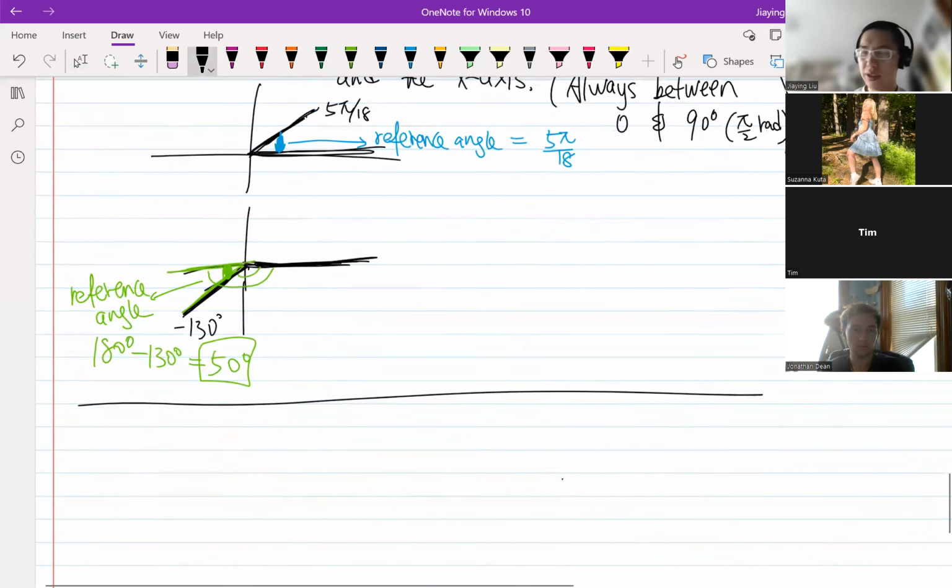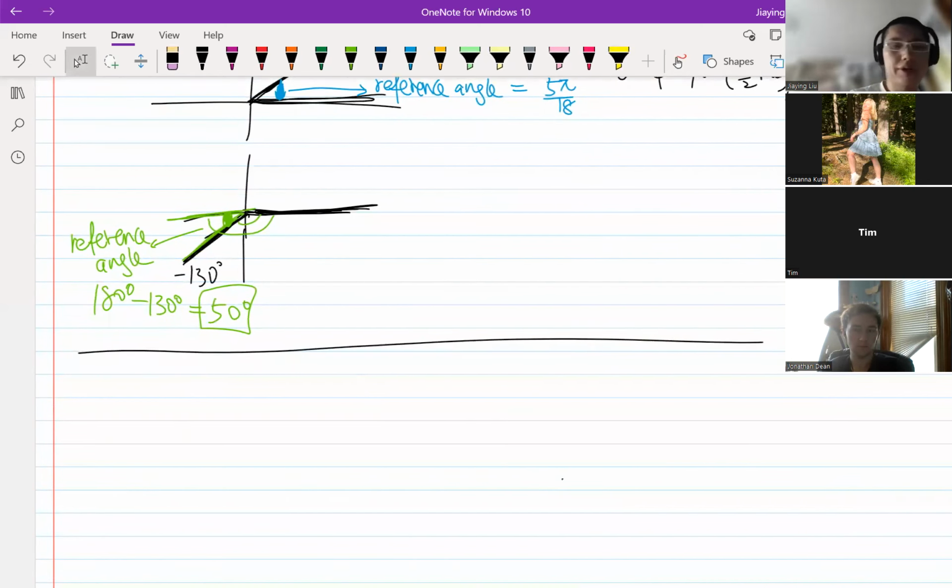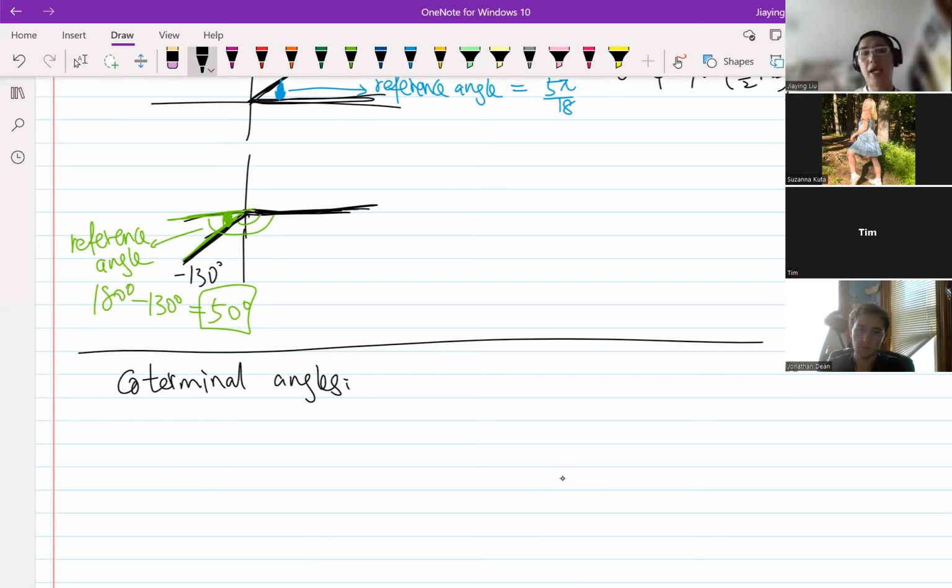Okay. So the next thing to go over is coterminal angles. That just means that two angles end up with the same terminal side.